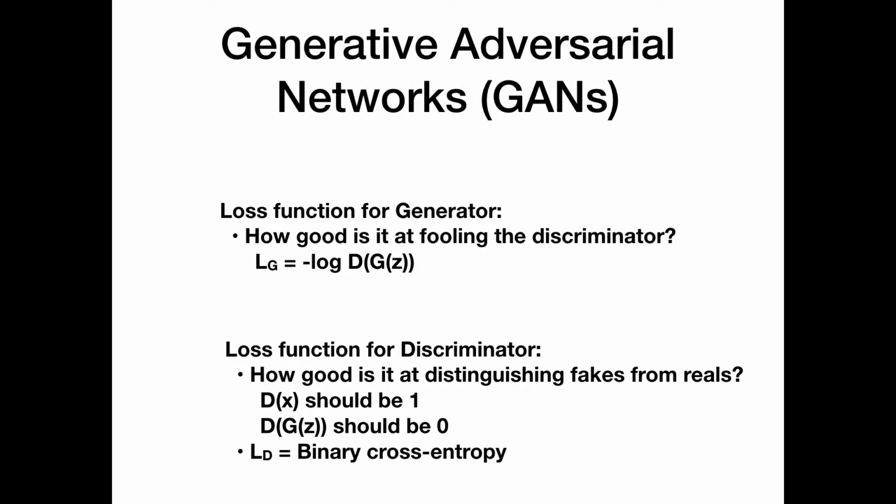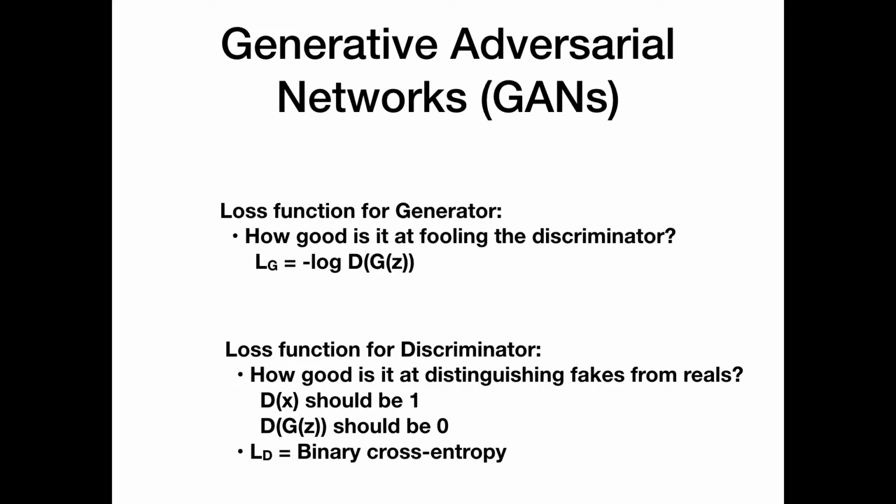So we take G of z, apply the discriminator to it, and we want the discriminator to say what? 1. If it says 1, log of 1 is 0, so we have no loss.